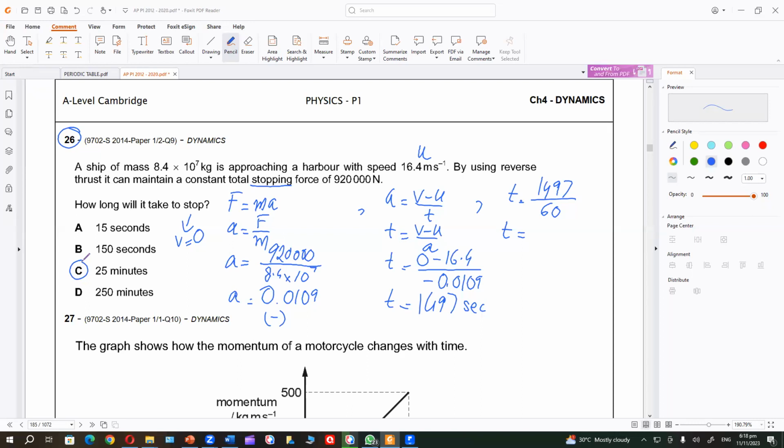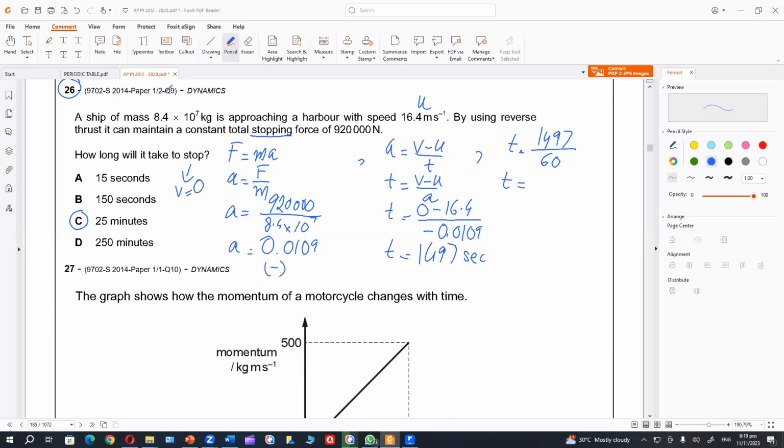Whatever answer you are getting, convert it into minutes and then let me know. Even I'm getting a slightly different answer because it depends upon the number of decimal places. The difference is coming from the acceleration.